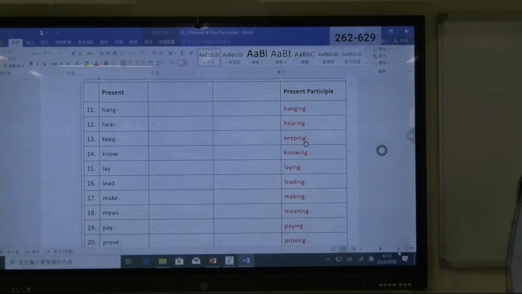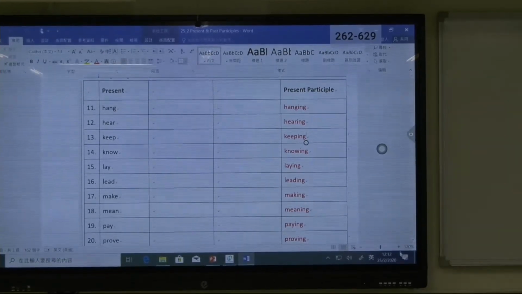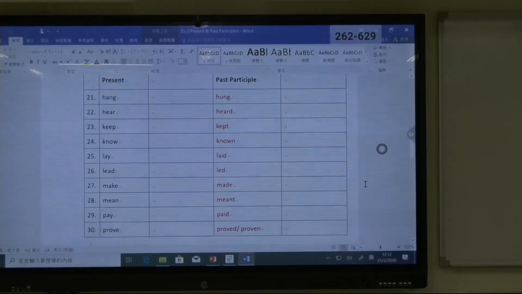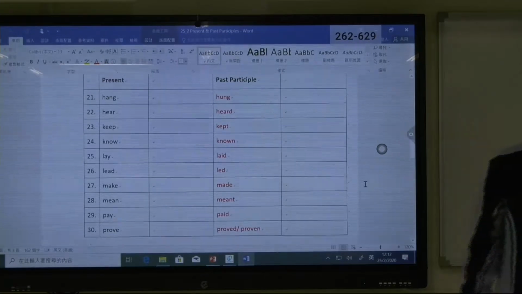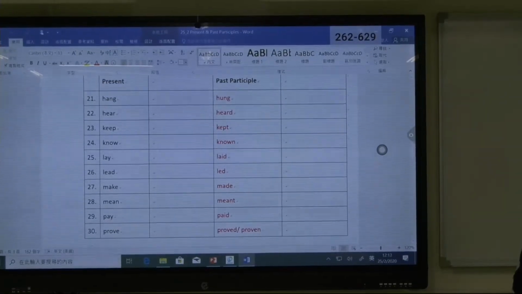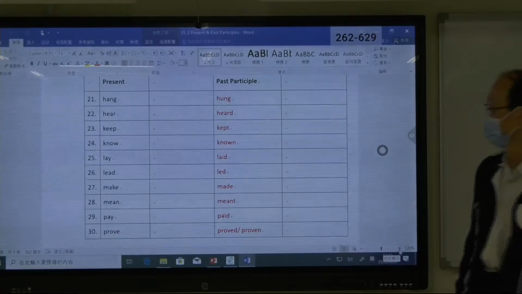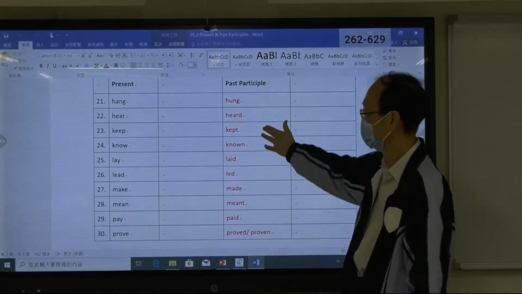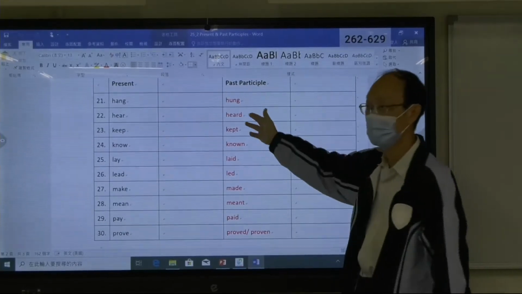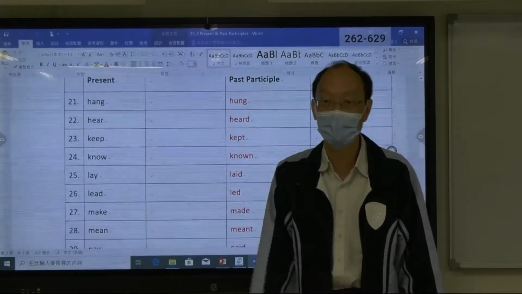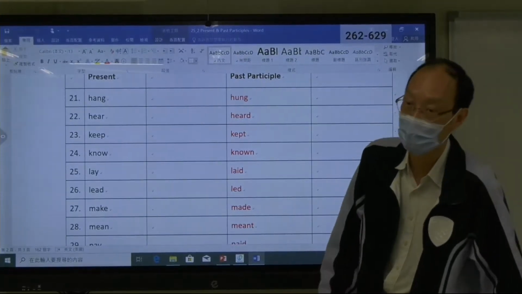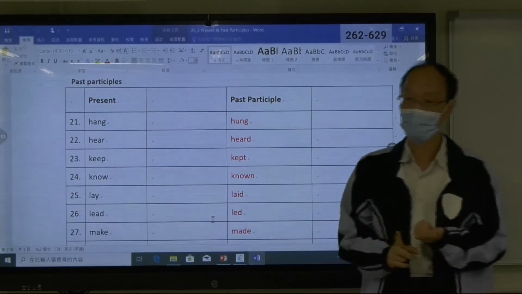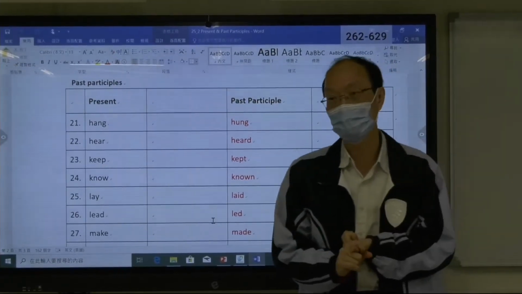Now let's go to the third column, the past participle. You can see they are all irregular verbs here. For example, go and gone. Do, did, done.